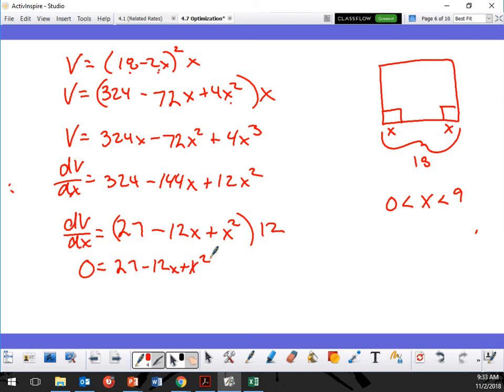So I'm going to have negative 3 and negative 9. So 0 is equal to (x minus 3)(x minus 9). So x is 3 and x equals 9.